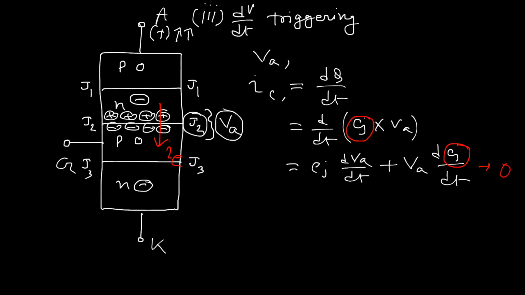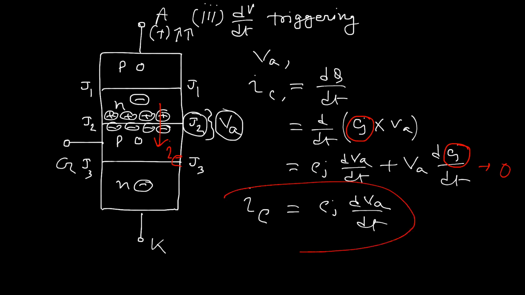So we can rewrite the expression: the leakage current of junction J2 is IC equal to Cj times dVA/dt. That means we can conclude that IC depends on the rate of change of voltage appearing across the anode.